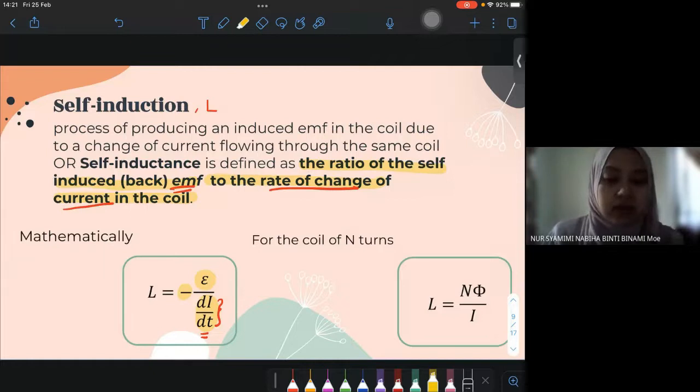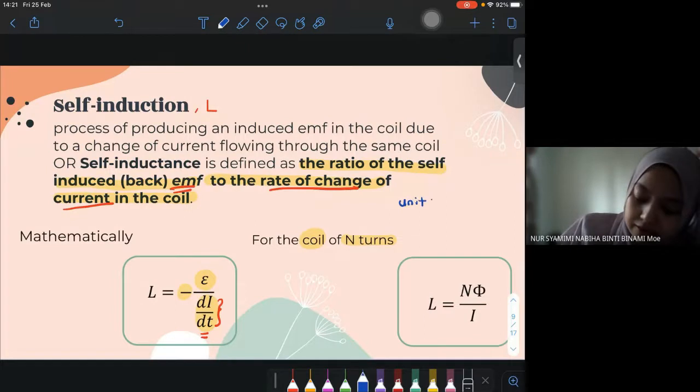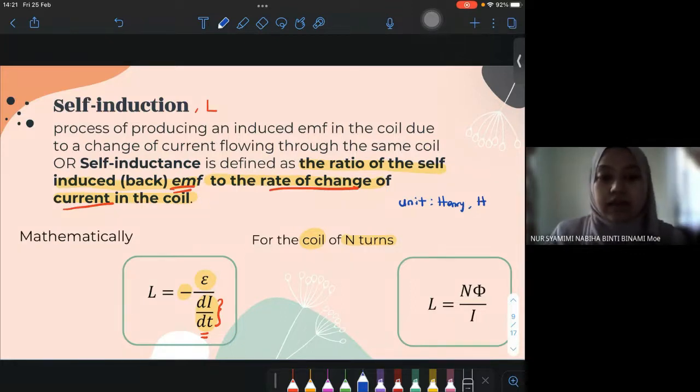Kalau kita ada coil of N turns, kalau dia bagi number of turns, so L equals N flux over I. The unit for self-inductance is Henry, or capital H. For example, soalan kata a coil, L equals flux over I sebab one turn.